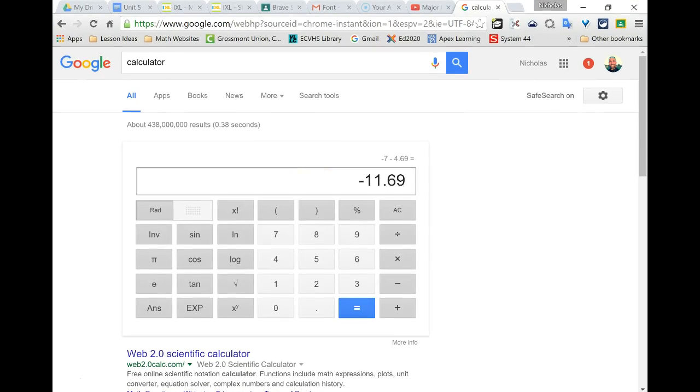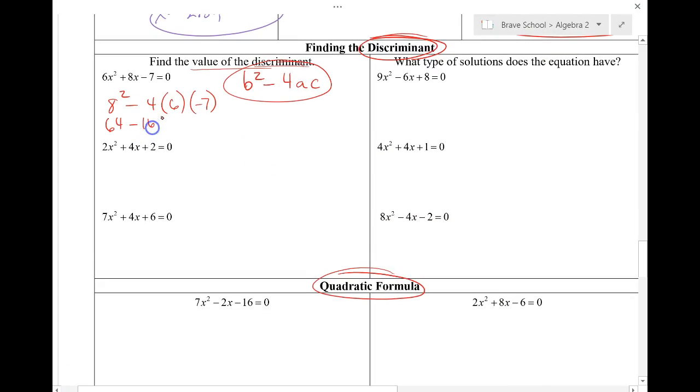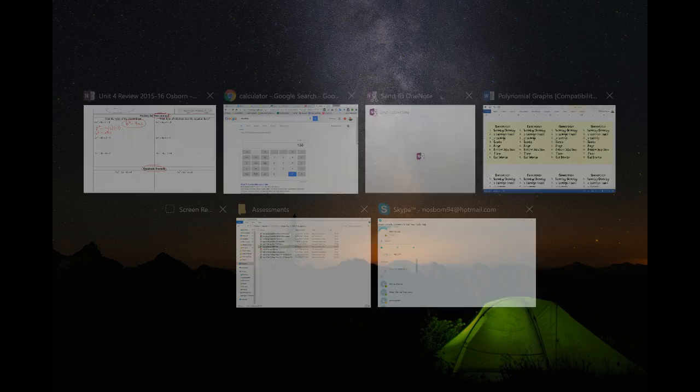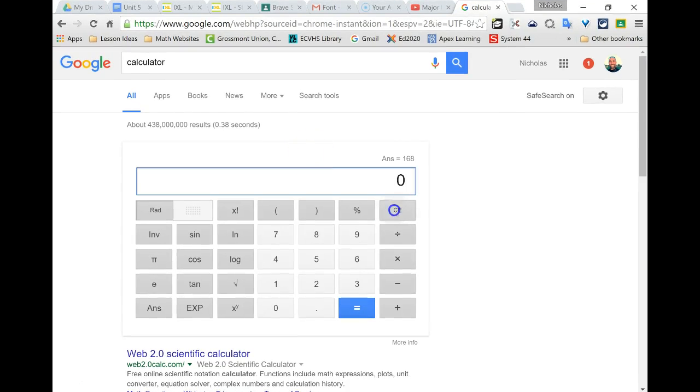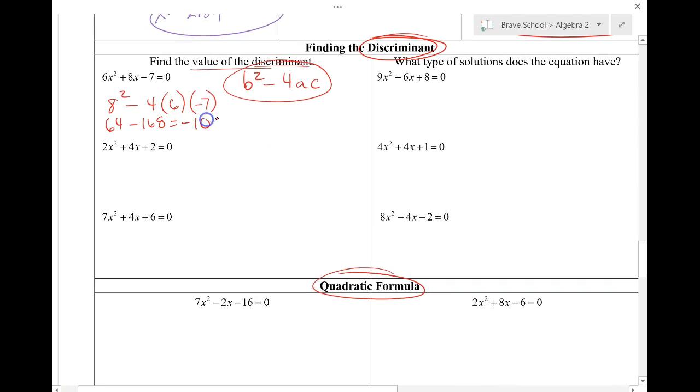Negative 4 times 6 times negative 7 is equal to 168. And then 64 minus 168 is negative 104. And that's the discriminant. That's it. These are very simple.